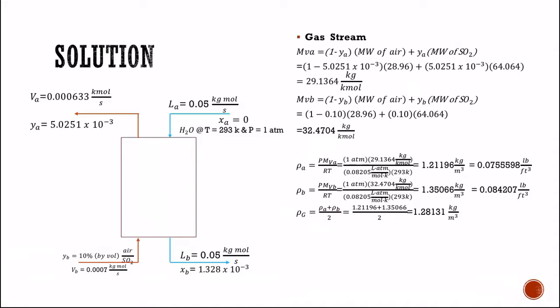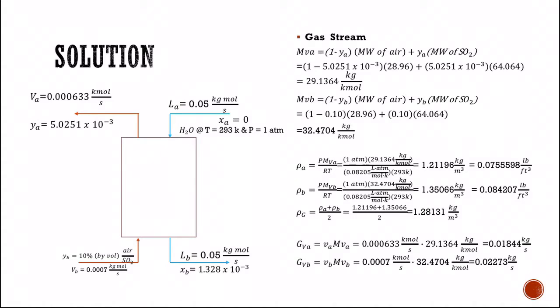Getting its average density, we get 1.28131 kilogram per cubic meter.